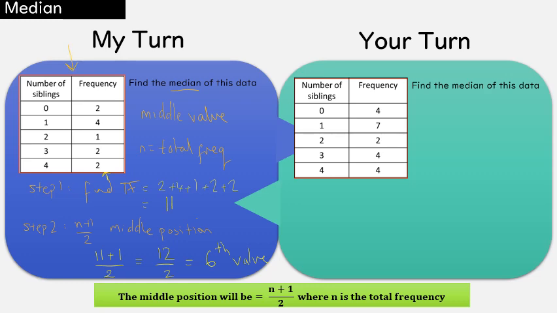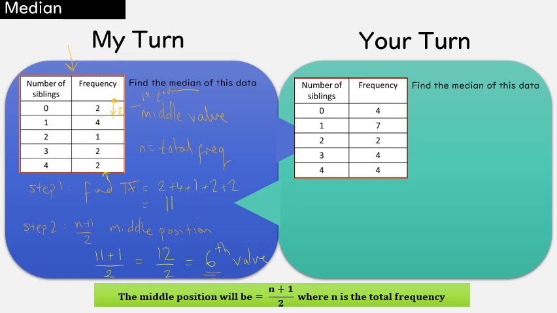So let's have a think. This is the start of my line at the top. The first 2 people in the line would have 0 siblings. I haven't yet reached 6, so I need to keep going. Then the number of people who have 1 sibling, we'd have 4 people there. So this would be first person in the line, second person in the line.